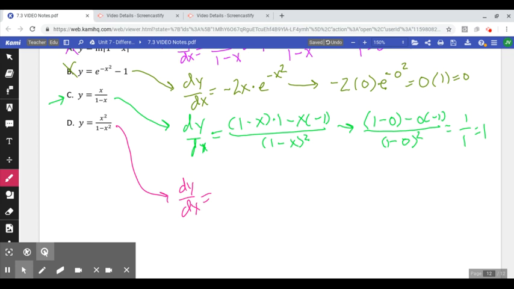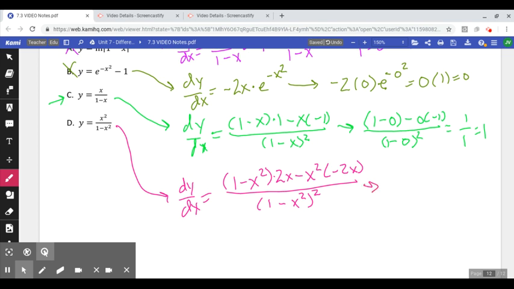So we'll go low d high minus high d low. And we'll square the bottom. And away we go is the old rhyme there for that. So let's try to figure out what's going to happen with this one if we substitute 0 in for x.